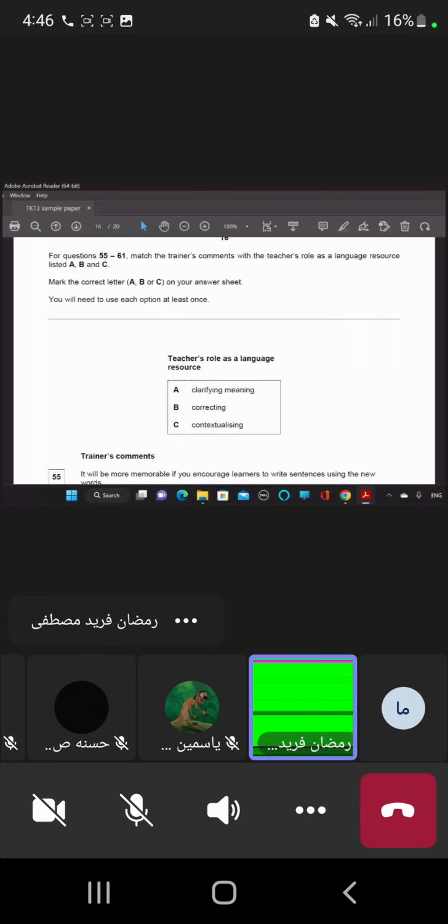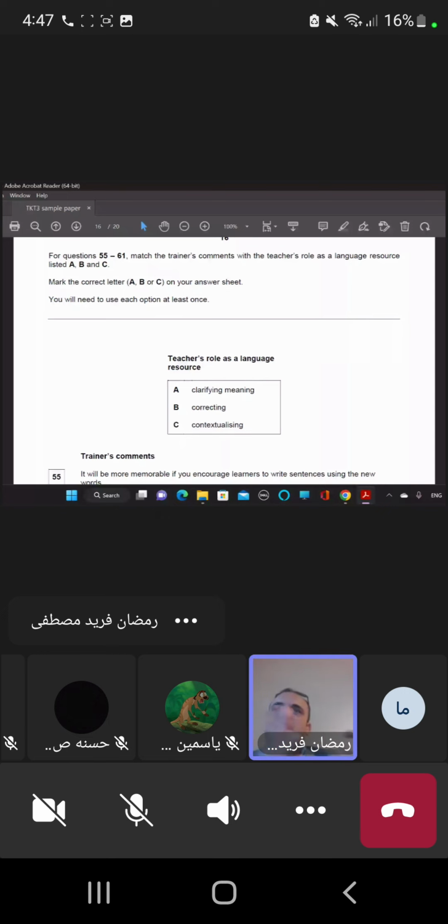So the teacher is complaining that okay, all the class activities are really good, but they are really very similar. Then the trainer would say, yeah, you can vary the way that you are introducing these activities and try to cater for the students' different learning styles.